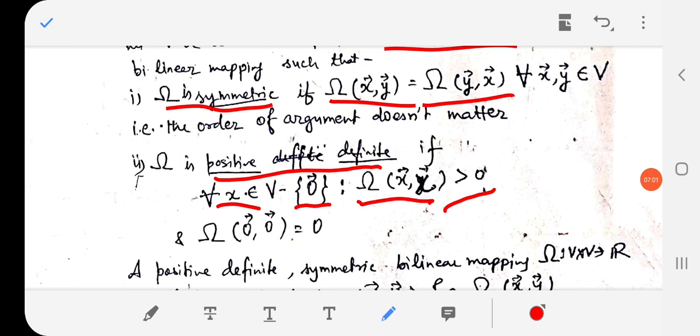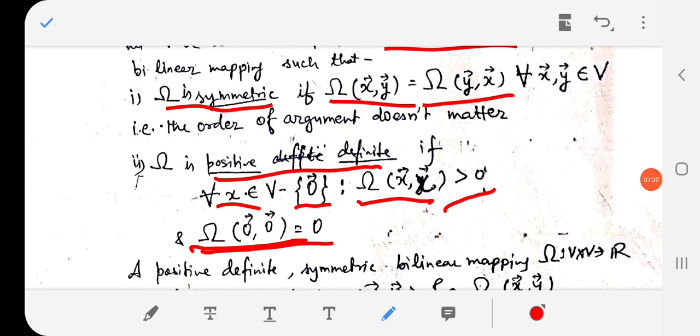It can be zero if and only if both the vectors given as input are zero vectors. So if the vector is zero, with all components zero, only then does this mapping lead to a zero value. If that is so, then we say it's positive definite.